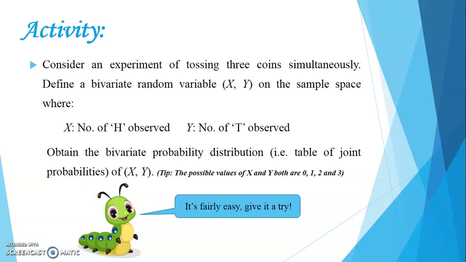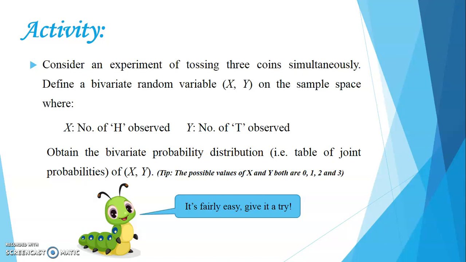We are again considering the same experiment of tossing 3 coins simultaneously. Now what we will do is, let x be defined as the number of heads observed and y be defined as the number of tails observed. So the number of heads observed, we have already seen, can take values 0, 1, 2 and 3. Similarly, the number of tails observed can also take values 0, 1, 2 and 3.